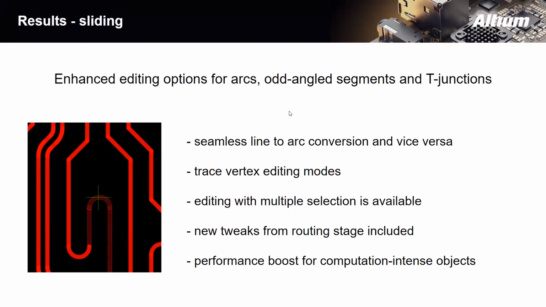The next huge improvement is in trace editing. If you remember, in previous versions of Altium, there was quite a severe limitation when you tried to slide arcs, T-junctions, and odd angle segments. In this version, we not just allow this to happen, but also added some extra features that make the process even more productive and give you even more opportunities.